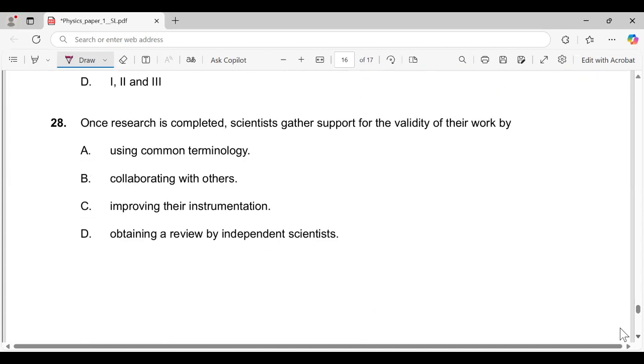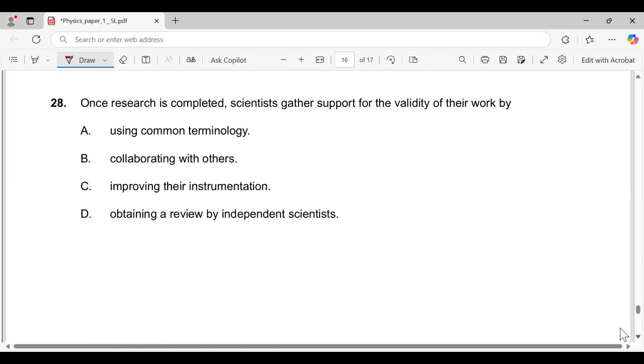Next question, 28. Once research is completed, scientists gather support for the validity of their work by using common terminology, no; collaborating with others, no; improving their instrumentation, no; obtaining, this one, yeah. 29.